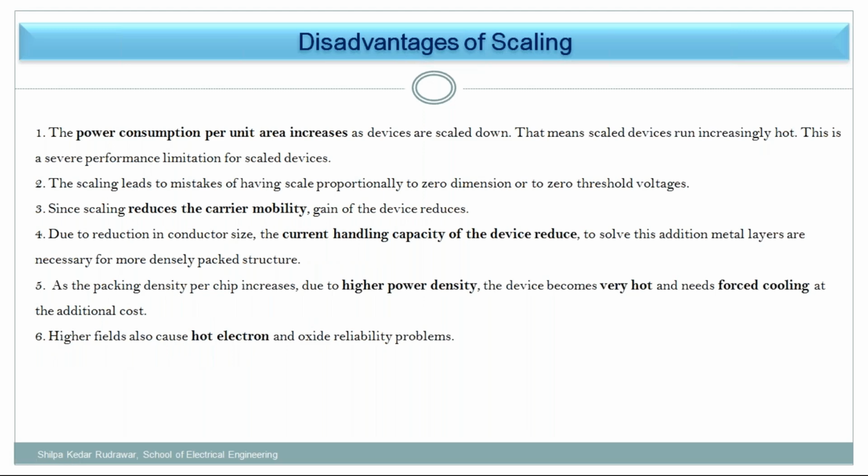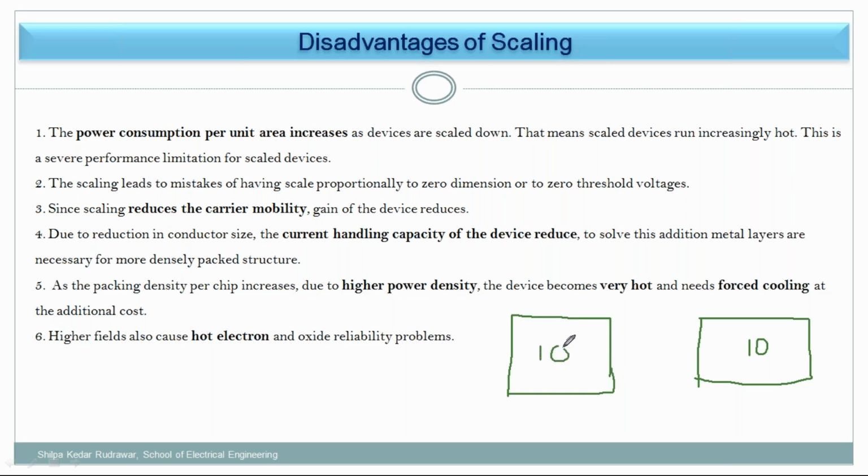What is the disadvantage? Now just concentrate on this point. Suppose I am having this particular area, I am just drawing this particular area, and previously there were 10 transistors or 10 devices. Now I am having the same area, and as the device shrinks down and technology enhances, suppose I am having 100 transistors.